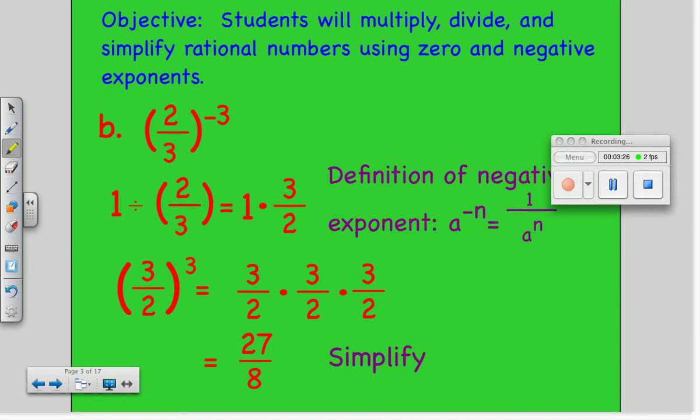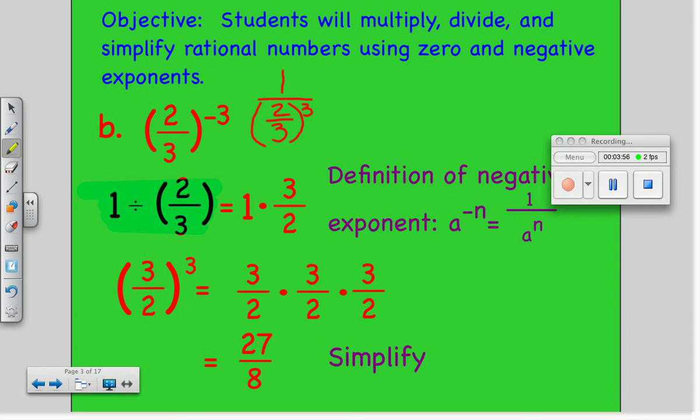Two-thirds to the power of negative 3. Again, 1 over 2/3 to the power of 3. What does this mean? 1 divided by 2/3. And remember, what does that mean when we use division with fractions?